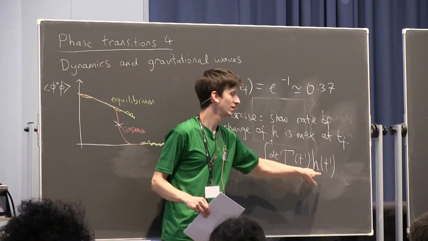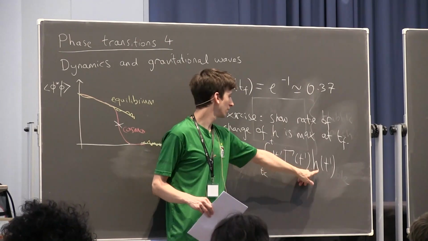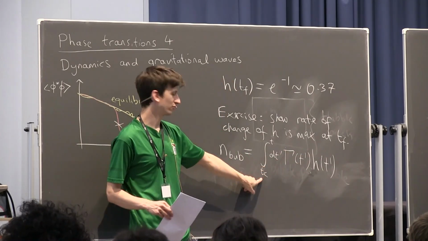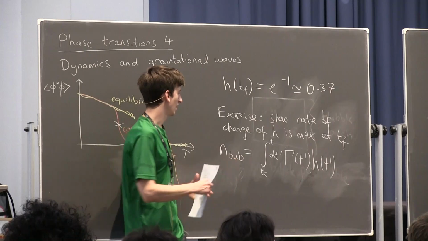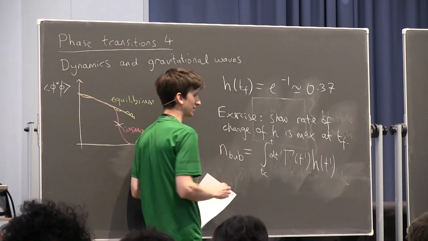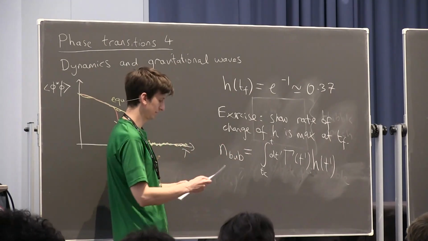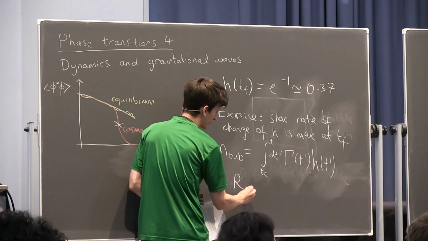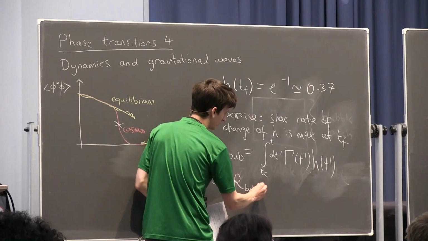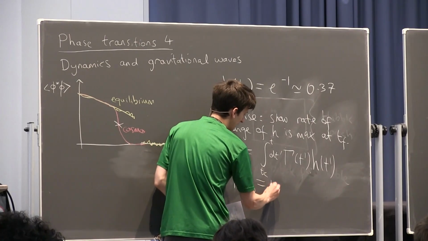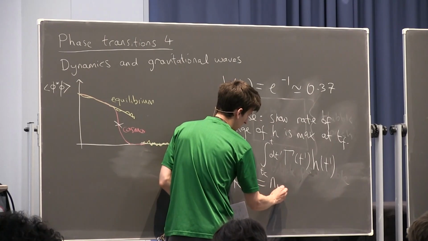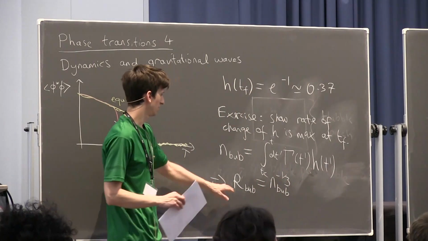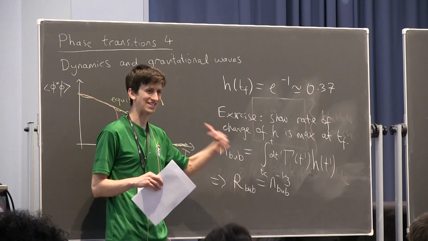So this product gives us how readily at a given time bubbles are nucleated, and then if I integrate that from the initial time to some later time, I'll get the number density of bubbles. And from that we can define an average distance between bubbles as the number density of bubbles to the minus 1/3. And this is the average distance between centers.